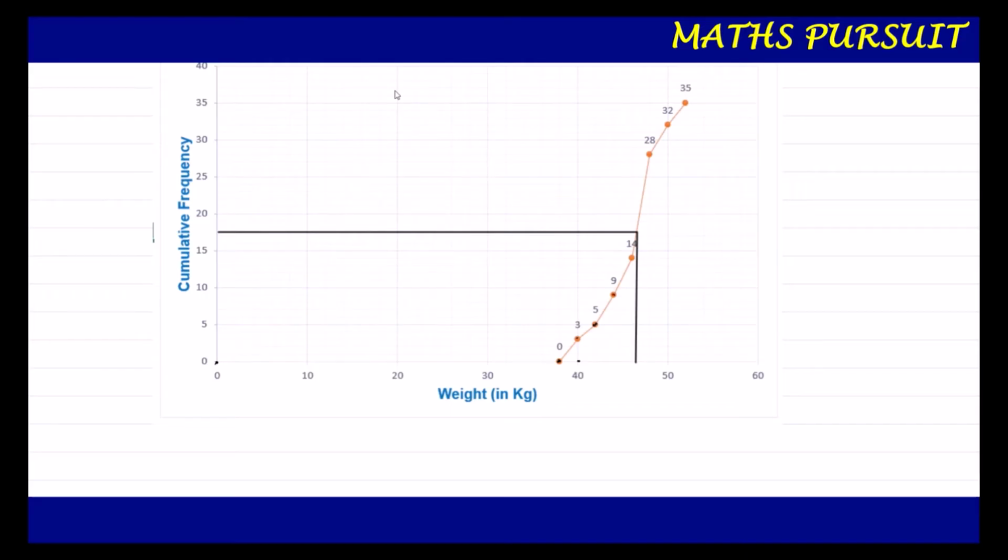Then we have 46, 14. Then we have 48, 28. And then we have 50, 32. You could see here clearly 32 and 50. This is 50, 32.